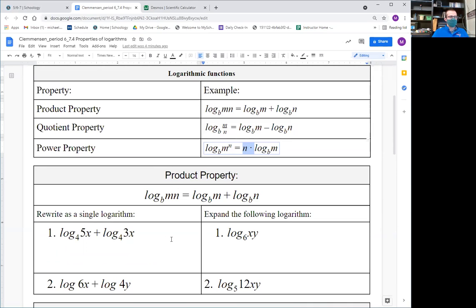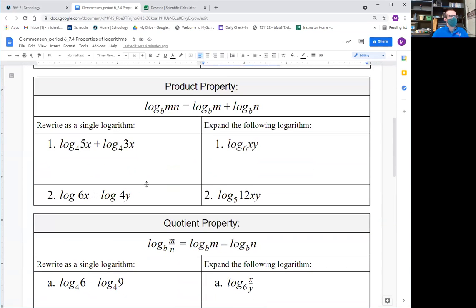Let's go into it. Let's start with the product property. Again, the product property says that if I multiply two things together inside of my logarithm, I can break it up into two different logarithms. And it also says that I can go the other way. So if I start with two different logarithms with the plus sign in between, I can put them together by multiplying the two things that are inside the logarithm, the 5x and the 3x.